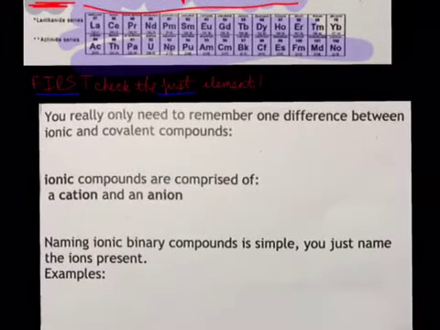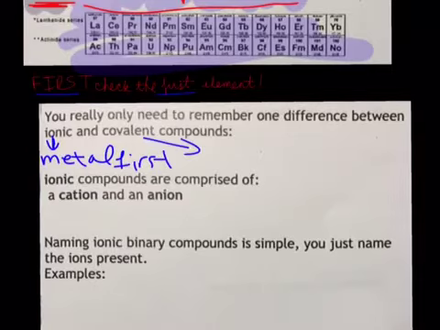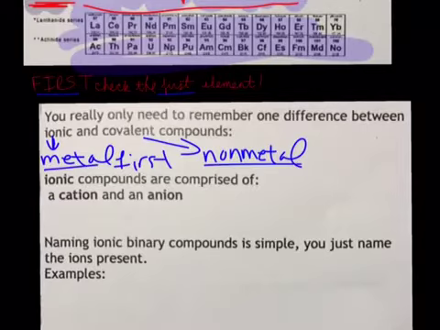And that's that if it's an ionic compound, that first element will be a metal. If there's going to be a metal, it's going to be the first thing. So metal first. If it's a covalent compound, then there's a non-metal first. So that's really all you have to look at. What does it start with? Does it start with a metal or does it start with a non-metal?